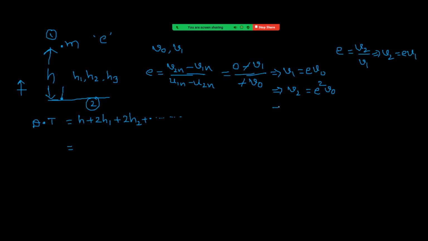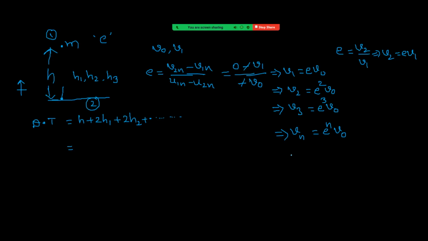In the same way, v3 will be e times v2. So I can write here v3 equal to e cube into v naught. That means after the nth collision, its velocity becomes e power n into v naught.